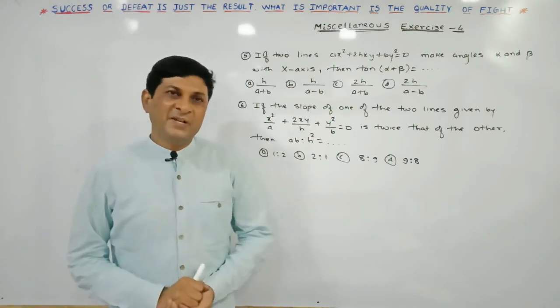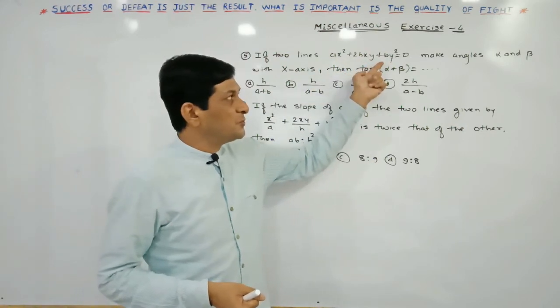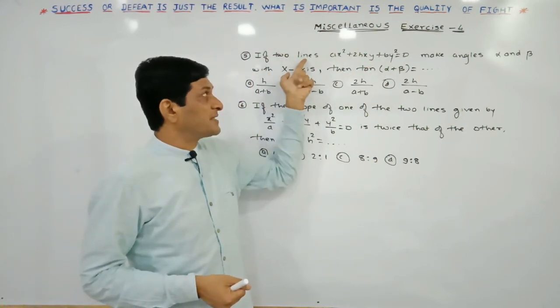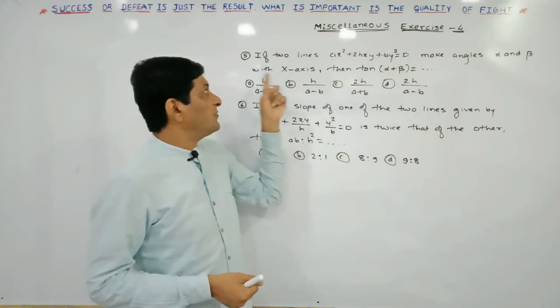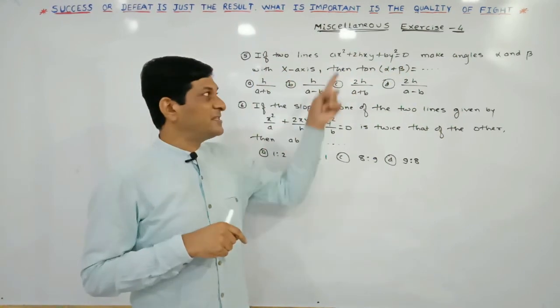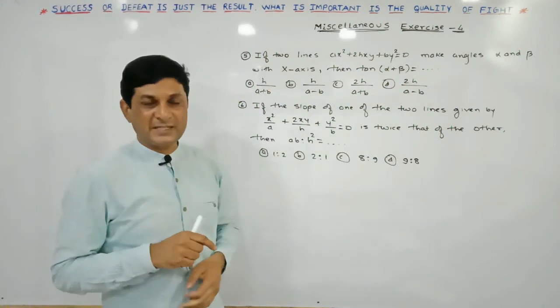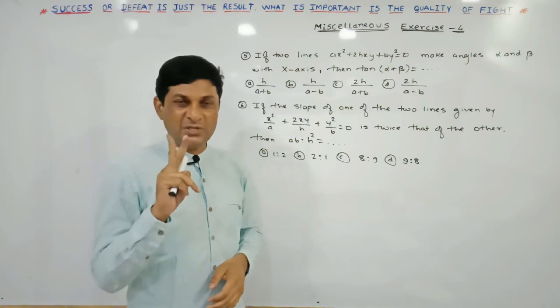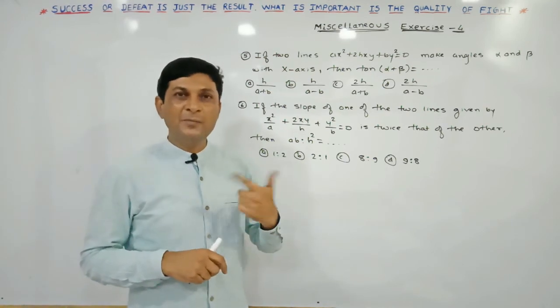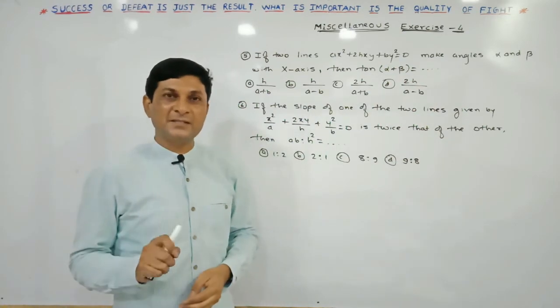Now see example number 5. In this example, a homogeneous equation is given to us, and the two lines make angles alpha and beta with the x-axis. We know that a homogeneous equation represents two lines. So the angle made by the first line with the x-axis is alpha and by the second line is beta.